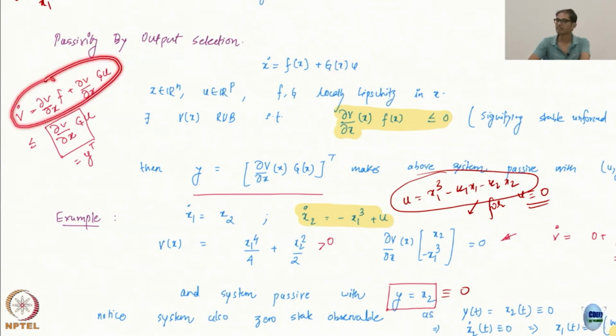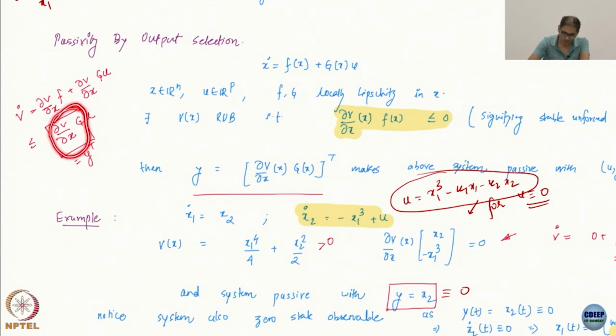It is just del V del x f(x) plus del V del x g(x) u. Now I am saying that I want this to be less than equal to y transpose u. So I am artificially choosing this as y itself. Why? How did I get from here to here?